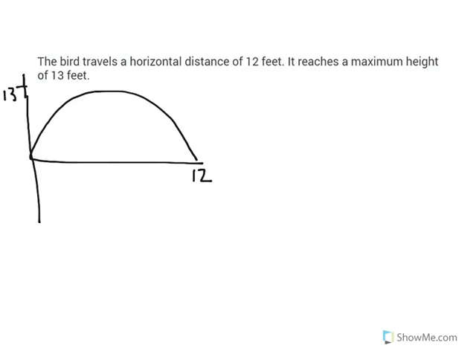So what I need to do is to be able to find my vertex. So remember, my vertex is right here. So it's halfway in between the starting point and the landing point. So halfway between 0 and 12 is 6. And then I know the highest point that it reached was 13.